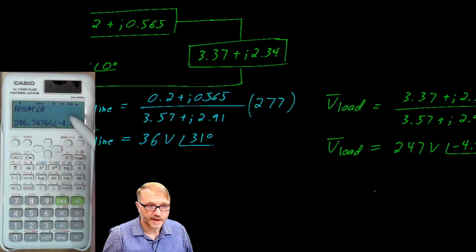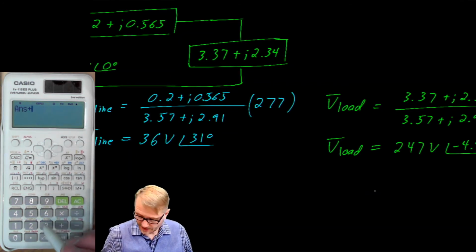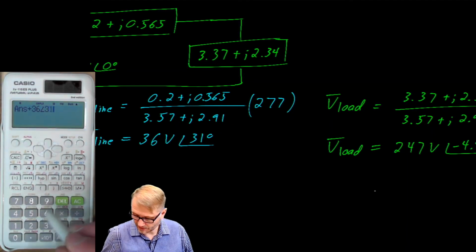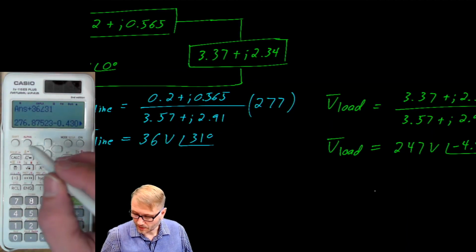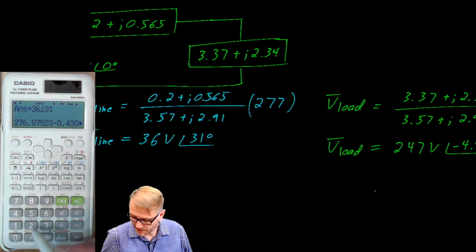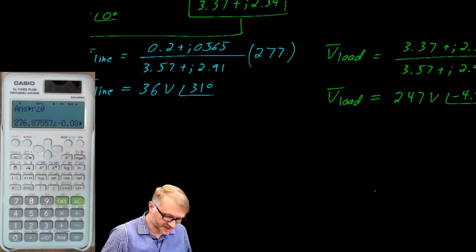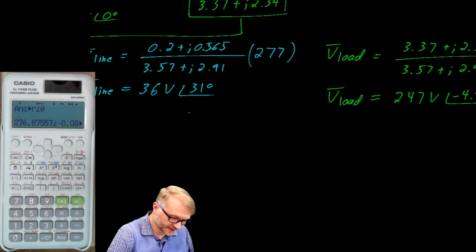Our calculator right now shows us the load voltage. If we add the line voltage, so 36 at a phase angle of 31, we should arrive back at our source voltage, which is 277, which we do. That's a statement again of Kirchhoff's voltage law.